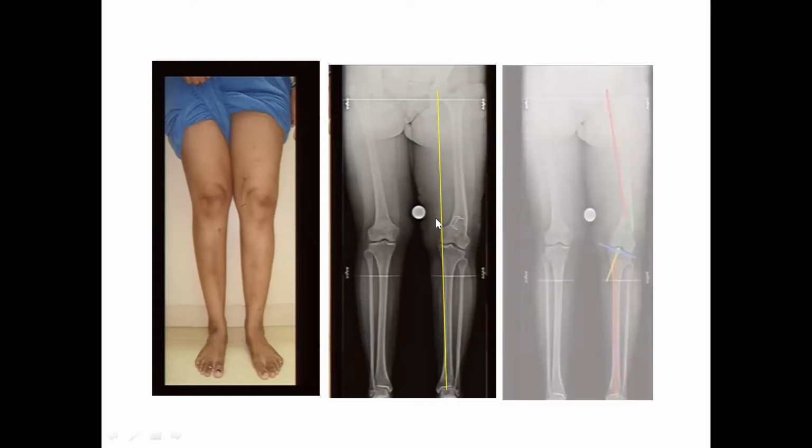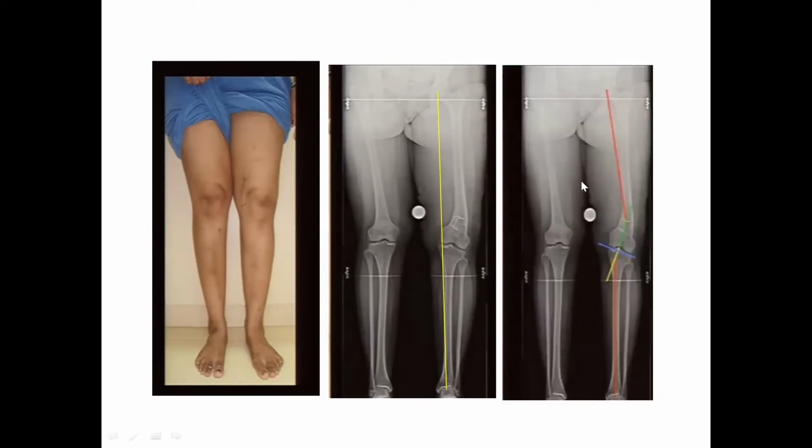You're right. Once we start drawing these lines, we'll come to know at the end of this talk where the deformity is. In this particular patient, the deformity is not only in the knee joint, it is also in the femur. There is a deformity in the distal femur and proximal tibia.